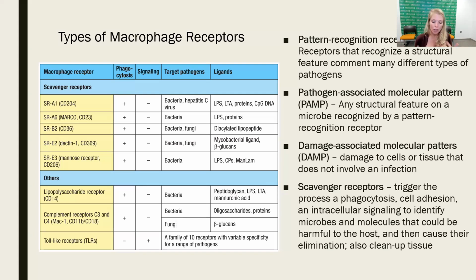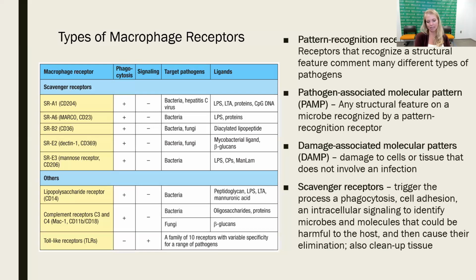Now, for altered self cells, they can put out signals that we call damage-associated molecular patterns, or DAMPs. And so when there's damage to a tissue, whether it's because of a pathogen infection or there's just some sort of damage, it could be a mechanical damage, maybe it's a tumor damage, those DAMPs can be recognized by receptors.